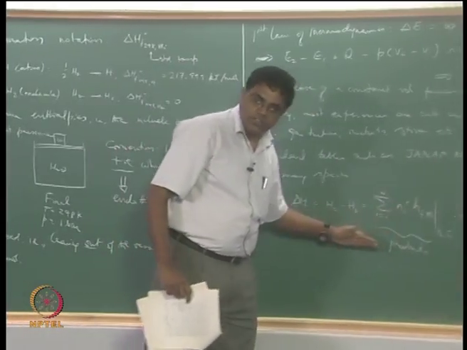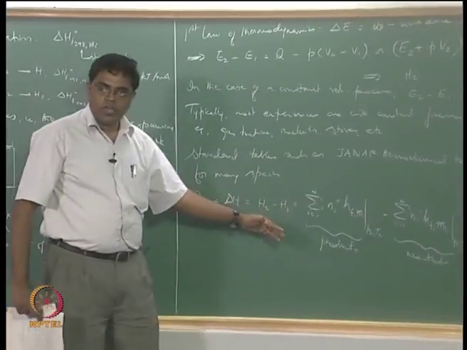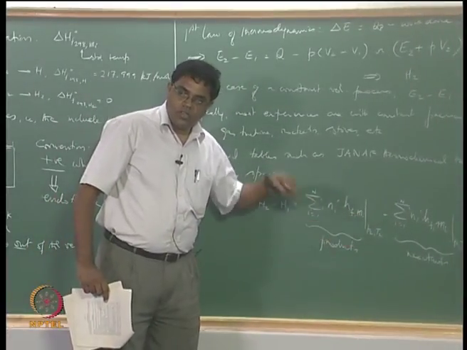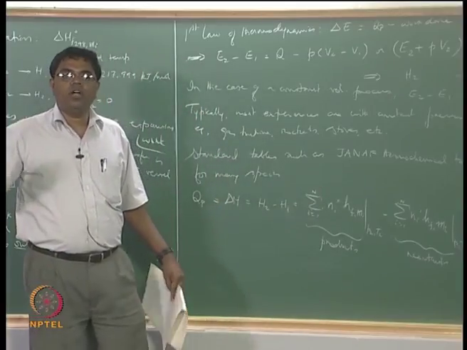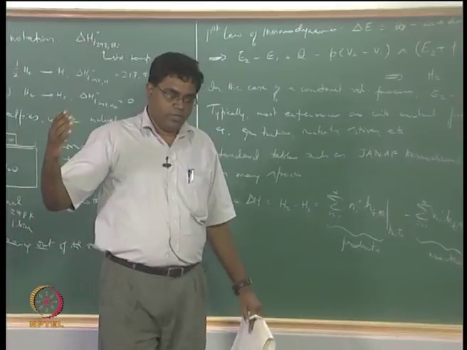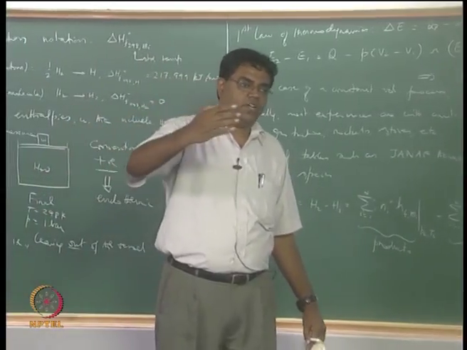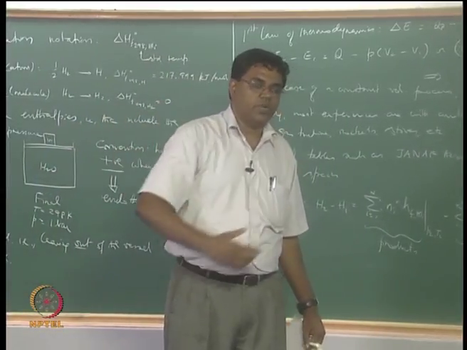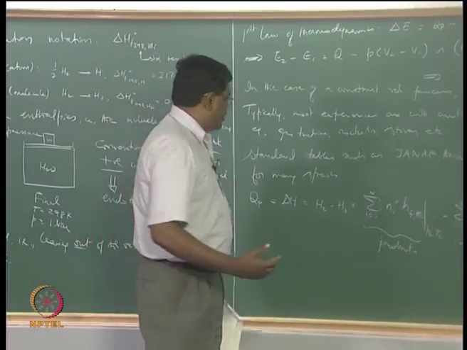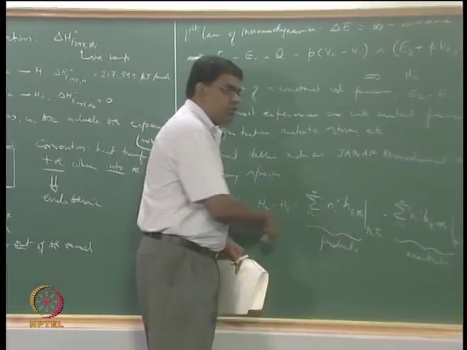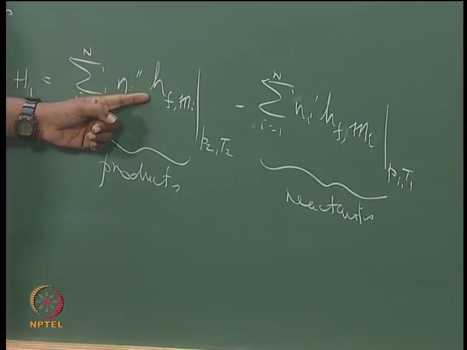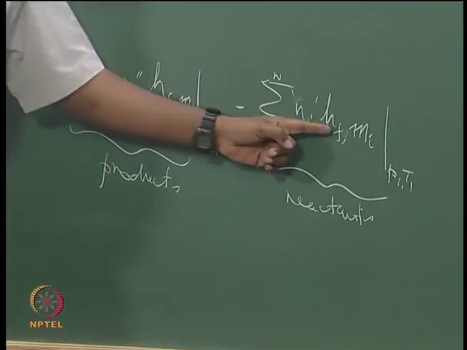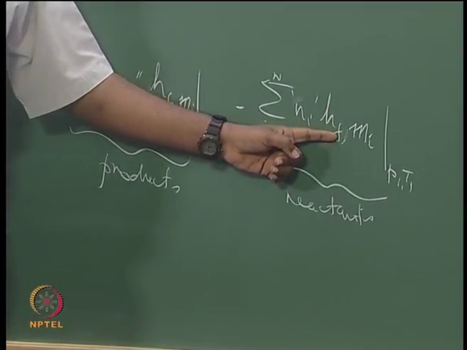If I now write it like this, I'm actually trying to do something a little bit circuitous. If I have a reaction that is going on, let us suppose that I have methane plus oxygen gives carbon dioxide and water, let us suppose that that is the reaction that we are looking at. Now we are looking at here the heat of formation of carbon dioxide and heat of formation of water. Here we are looking at heat of formation of methane and heat of formation of oxygen.